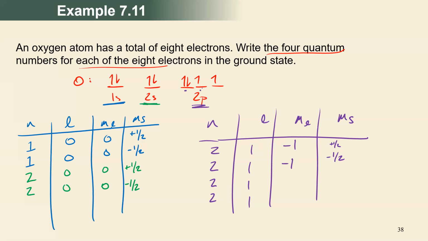How about in that second orbital? What's our value for m sub L? 0. We have only one that's spin up, so +0.5. And then this last orbital, what's our value for m sub L? 1, and we have a positive spin.